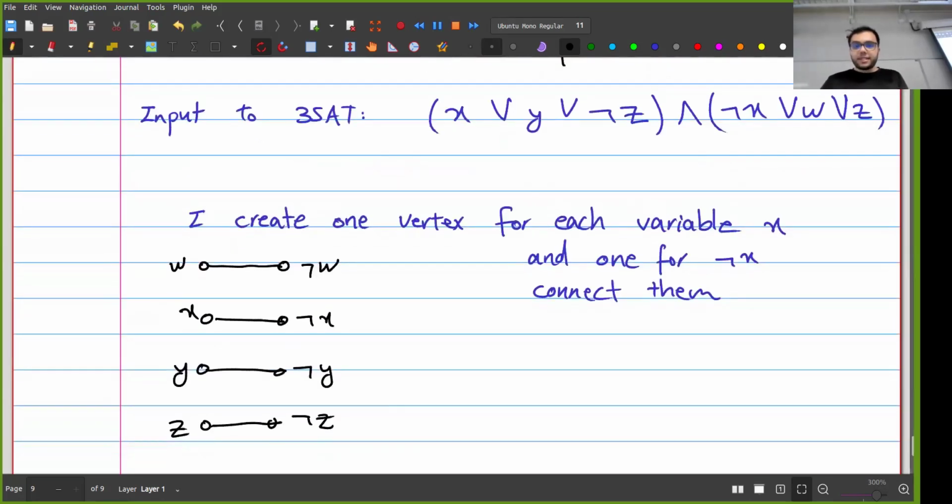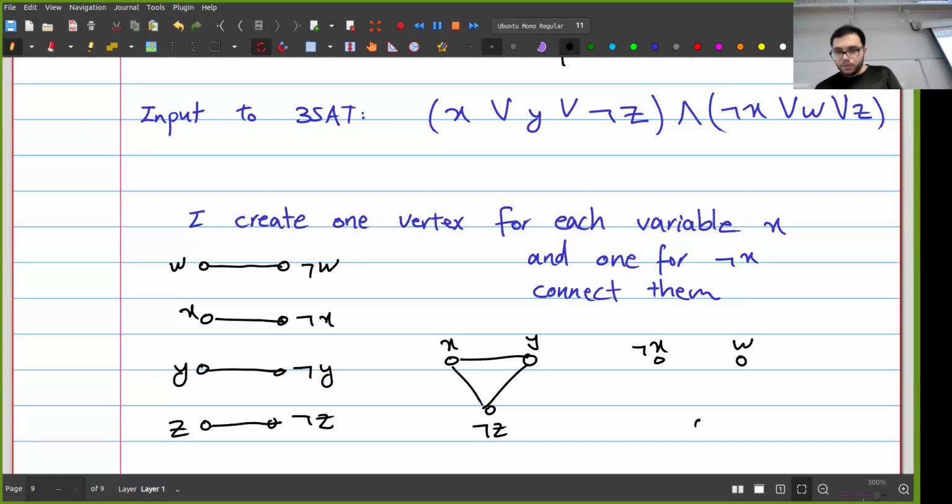So I have X or Y or not Z. I'm going to create a triangle, X, Y, not Z. And I'm going to connect all of them together. Now I'm going to create another one for this one. And that's not X, W, Z. And I'm going to connect them.